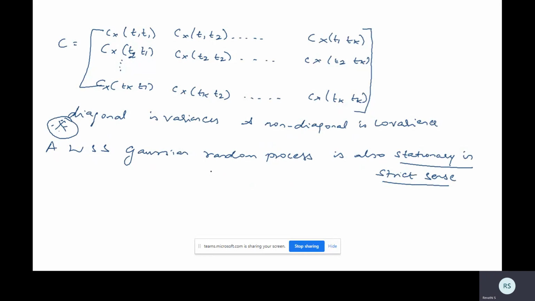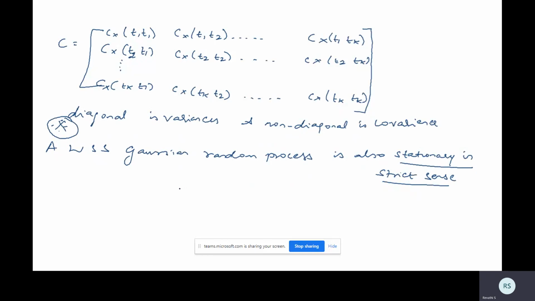When you find a random process is Gaussian and also wide sense stationary, you can declare that it is also strict sense stationary. That means that none of the properties vary with any of the orders you are taking.